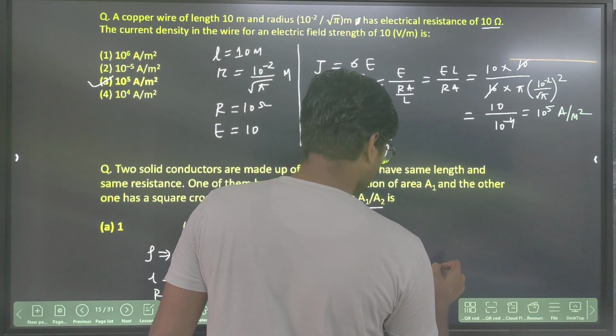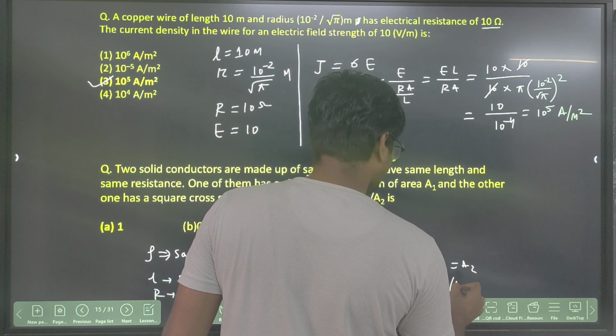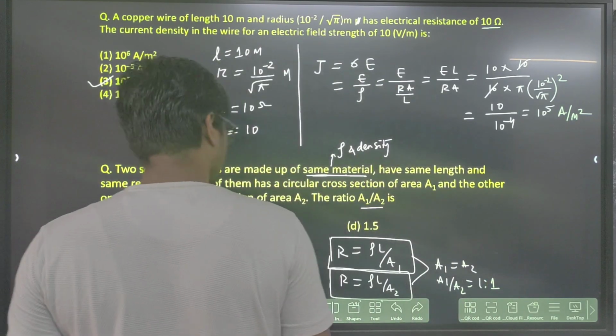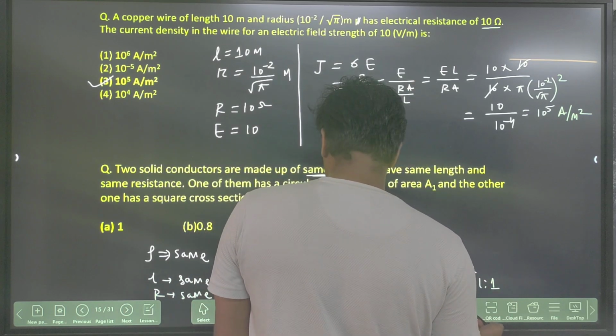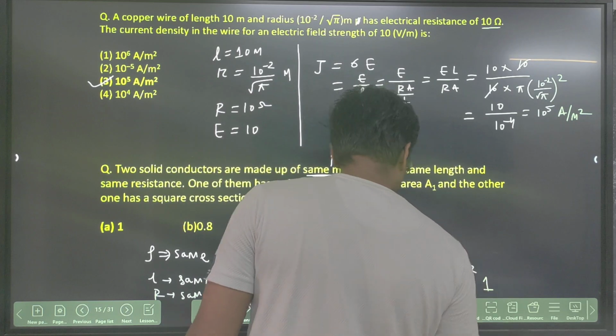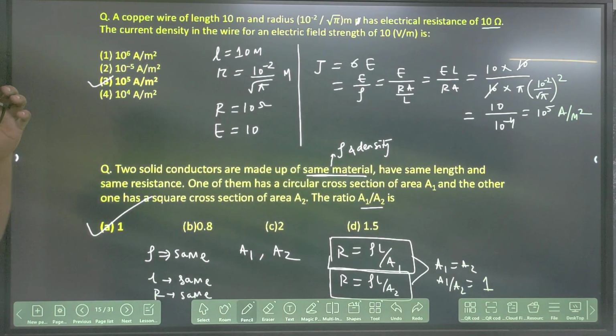So from these two you can say that A1 equal to A2. So A1 divided by A2 is simply 1:1. The option is given as 1, so this will be your correct option, right? Clear?